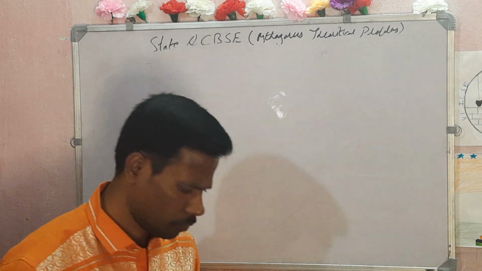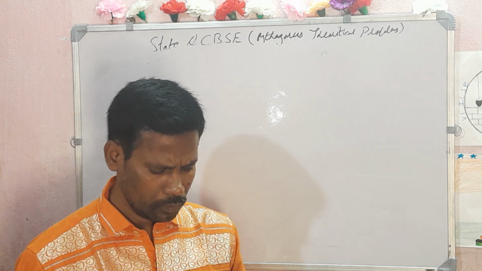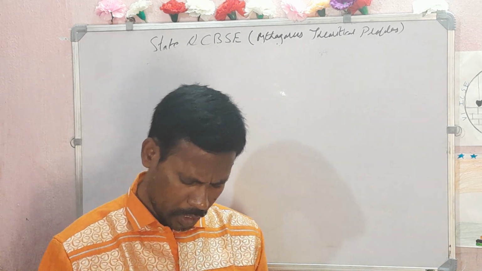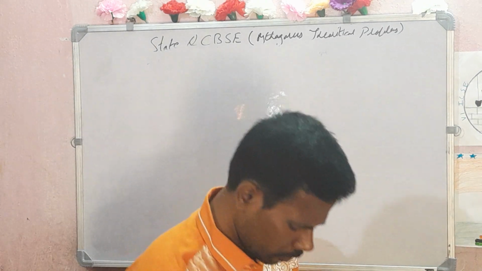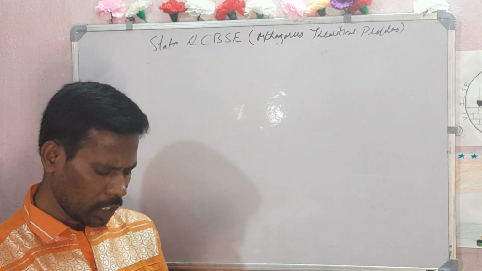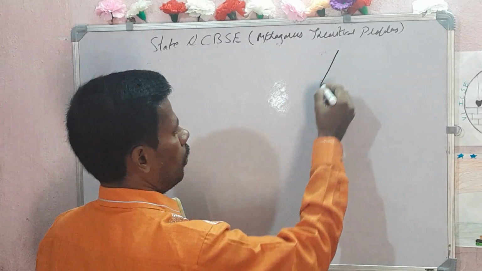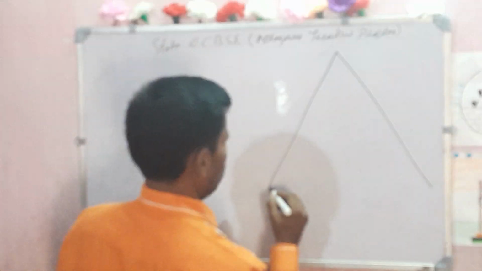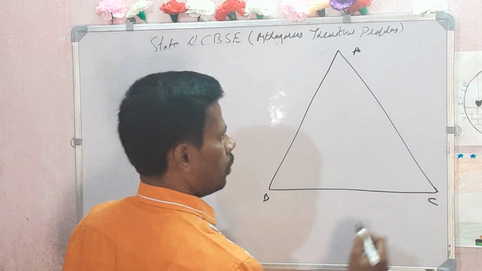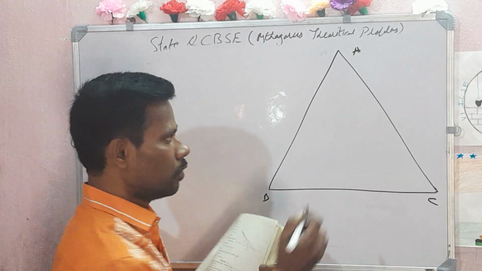Another question. From a point O in the interior of triangle ABC, perpendiculars OD, OE, OF are drawn to the sides.